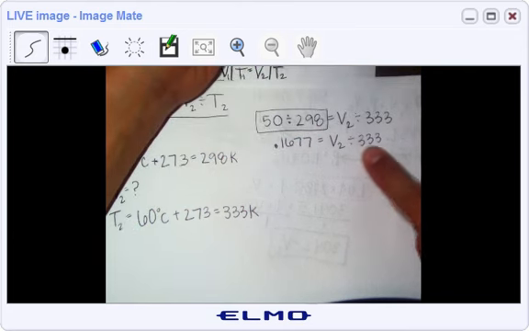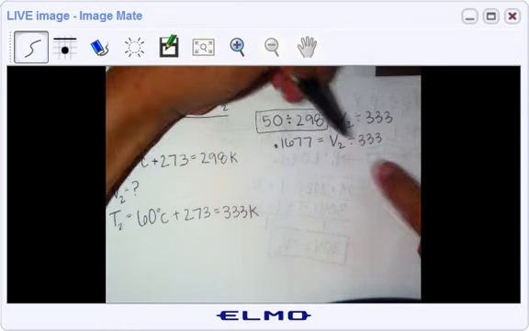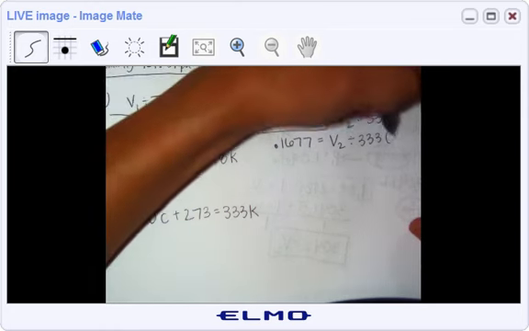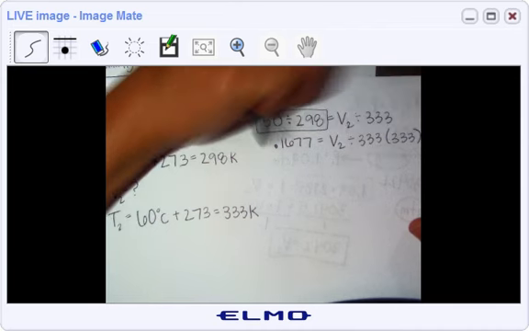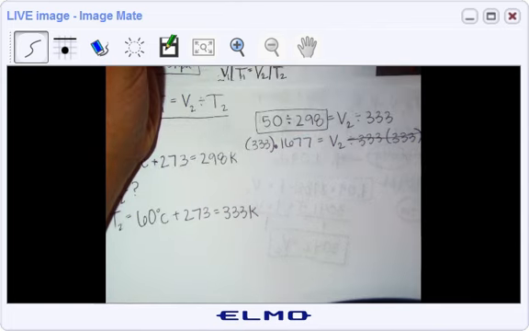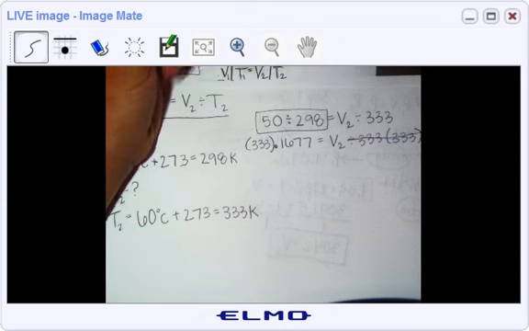Okay, I need to get the V isolated all by itself. I need to do the opposite of what it's currently doing. Right now, these two are dividing, so I'm going to multiply 333 by both sides. So I take 333 times 0.1677.